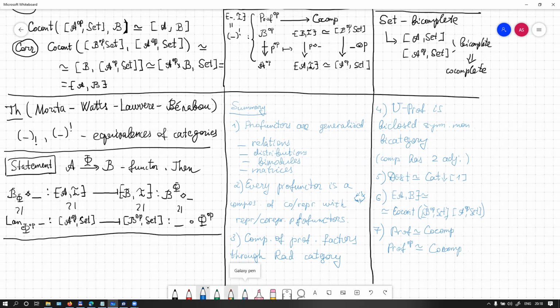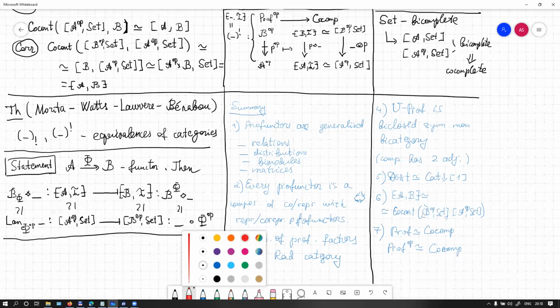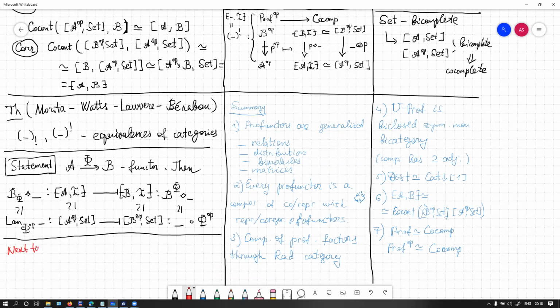So what will be next time? Next time will be, first, weighted co-limits. They are a generalization of limits and co-limits in enriched category theory, and not only in enriched, also in the usual one. Second of all, full Kan calculus, since we had a few rules, but with weighted limits and co-limits, we'll have all rules.